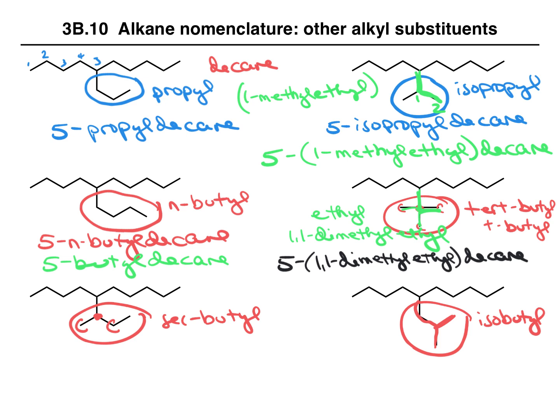So this says we have a 10 carbon alkane. At position 5, we have a branch that is 2 carbons, and at the first carbon off the main chain, we have a methyl group and another methyl group. So the good news is that's a lot of information in that name. The bad news is that's really tedious.